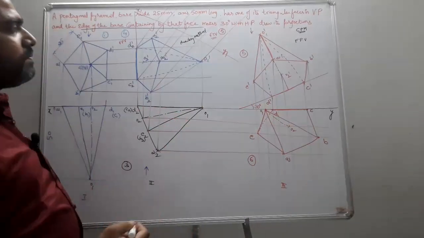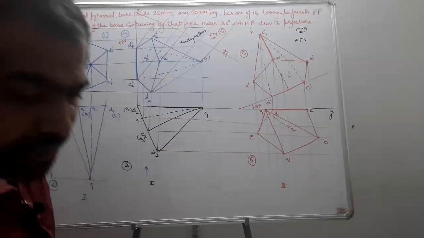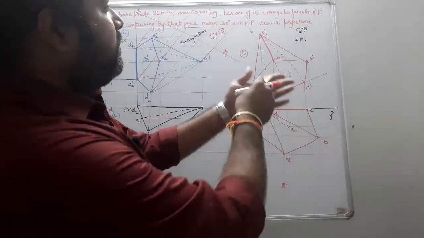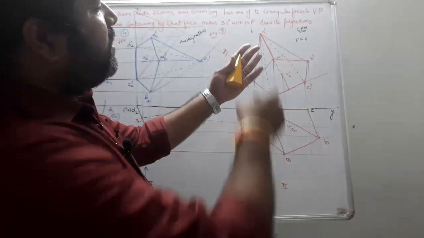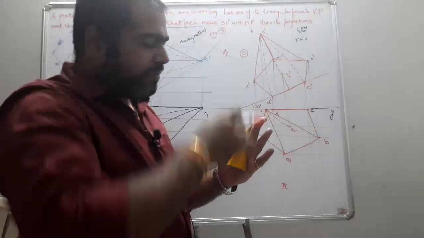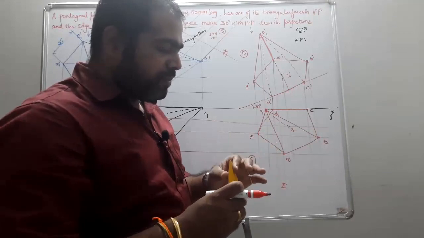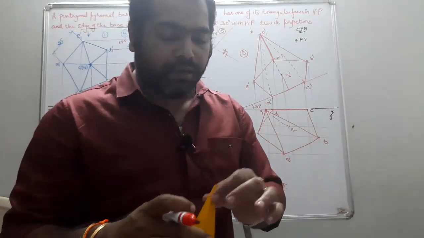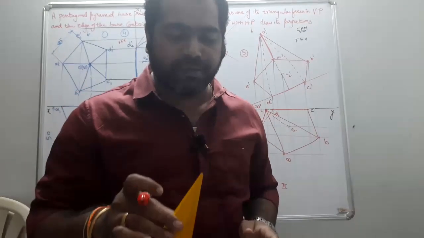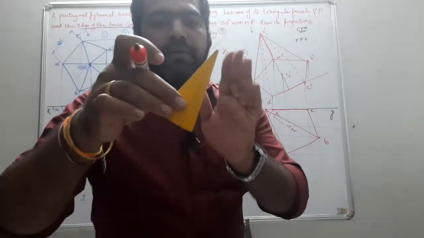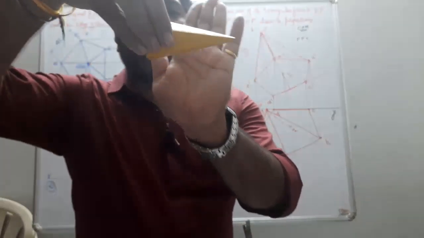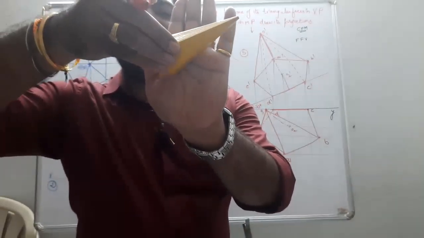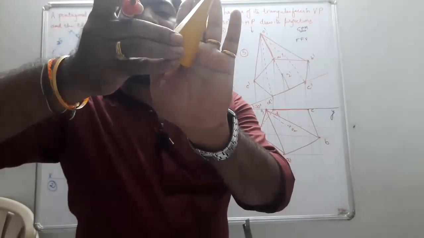Okay. When you are supposed to see from the top, this was your front view like this. Front view is going to be like this. And when I am supposed to see from the top, let us see if I see in this pattern. The triangular face is on VP, and the edge which is here is tilted for 60.